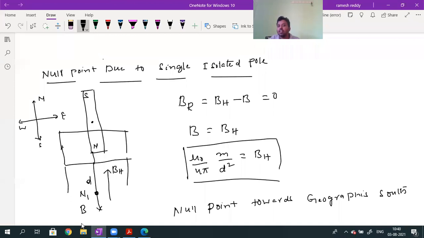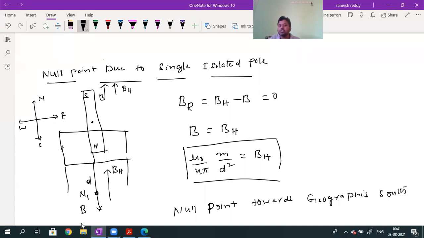That condition you know. Here the south pole is there, so the magnetic field lines due to this south pole will be radially outward in this direction. That is the direction of B, and this is the direction of BH. How are both? The same direction.